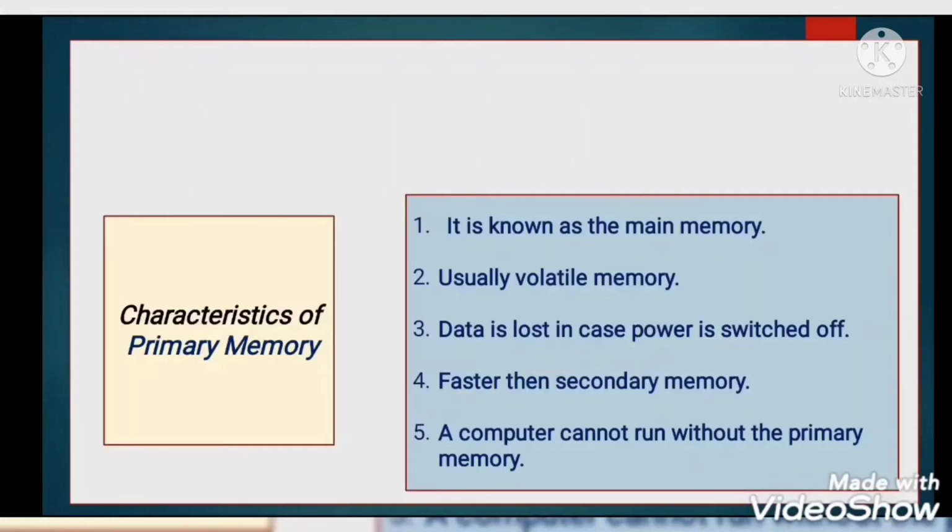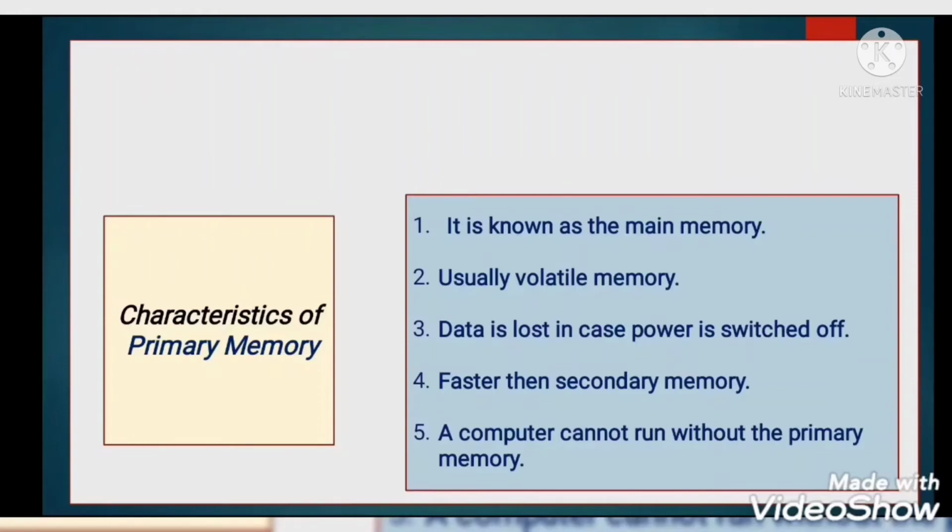So firstly we will talk about primary memory. What is primary memory and what are its characteristics? Actually we are telling that primary memory is a kind of memory that works like main memory. Yes, it is known as main memory, and usually it is volatile. Volatile means you can remove it anytime.